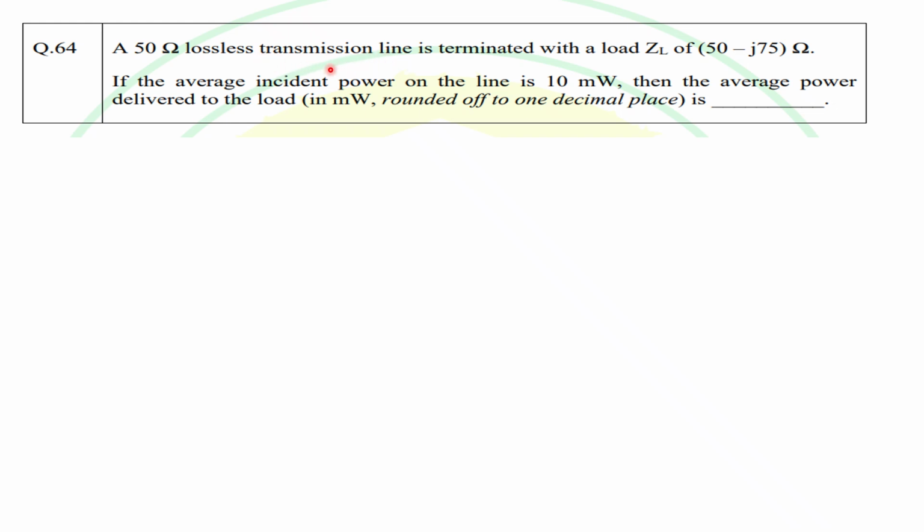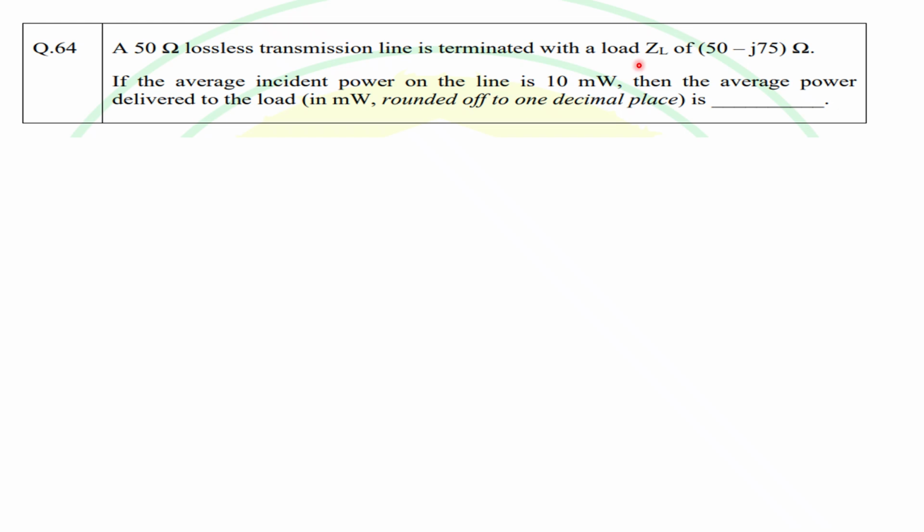Since we are talking about electrical signals, voltage will propagate through this transmission line, right? It is lossless and has the characteristic impedance Z naught given. Now there is a load with the impedance of this much.